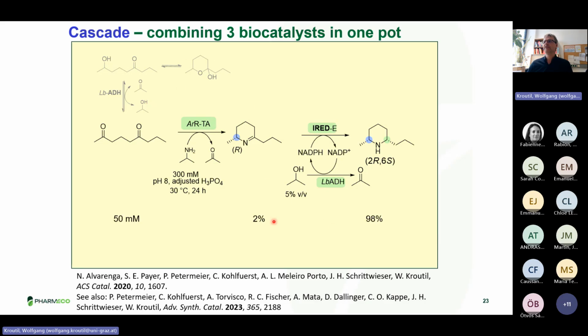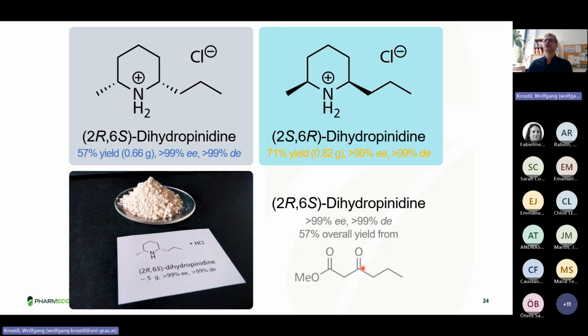So at the end, when you do it at 50 millimolar, we got the desired single diastereomer in 98% yield, with perfect EE and DE, and the same when we did it at 100 millimolar. Just to show you, we could do that on several gram scale; at the end, we produced 5 grams of, for instance, the RS enantiomer altogether.